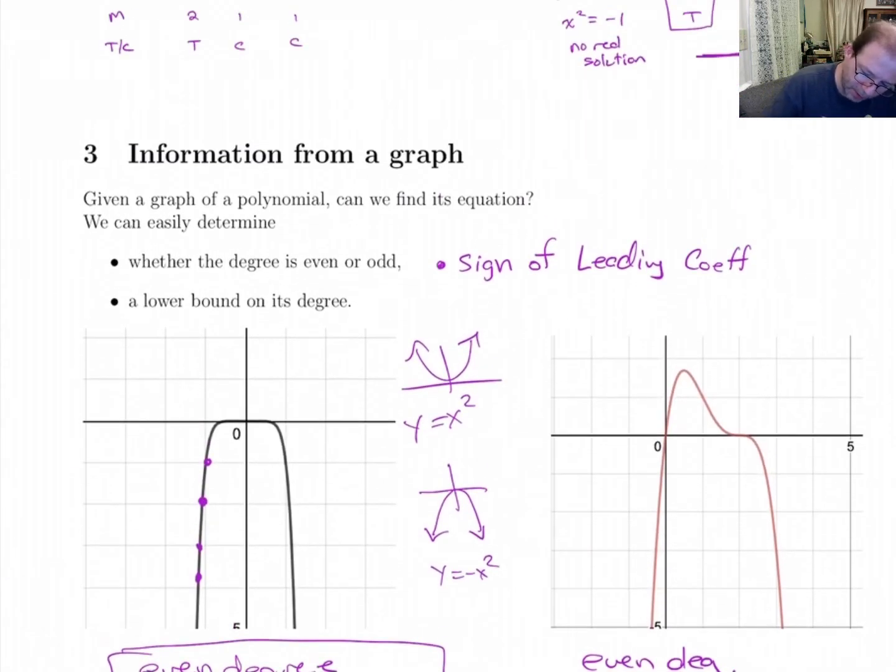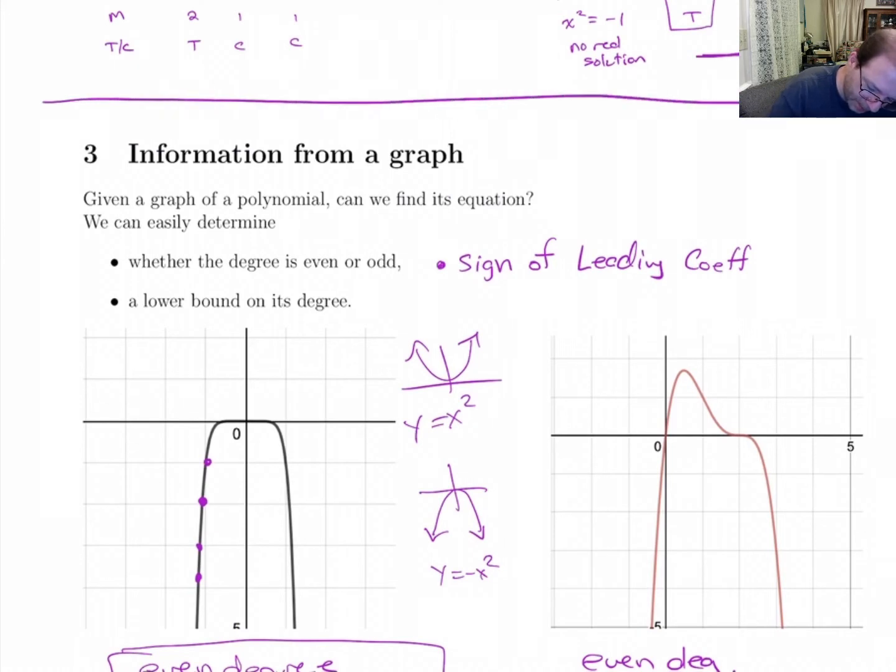I'm going to come up here and write them in. One is the degree is greater than or equal to the sum of the multiplicities.